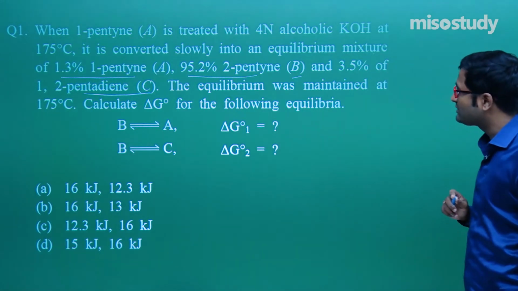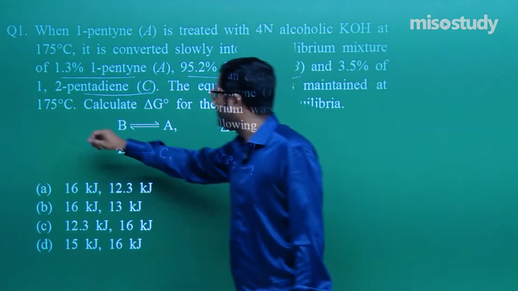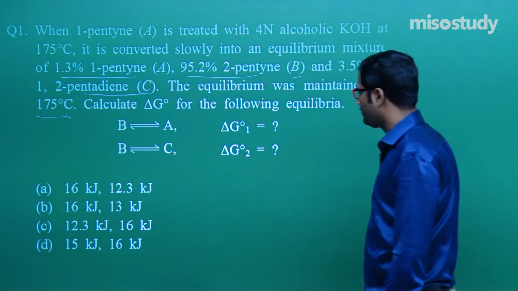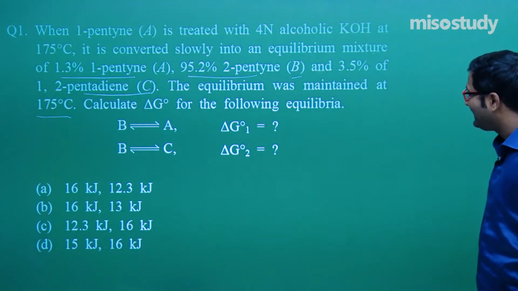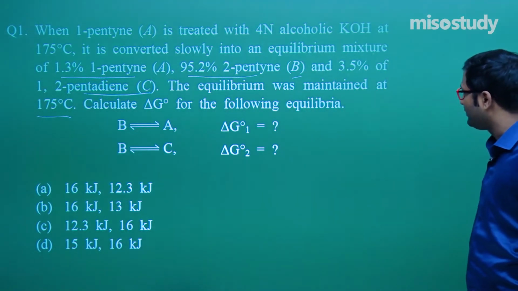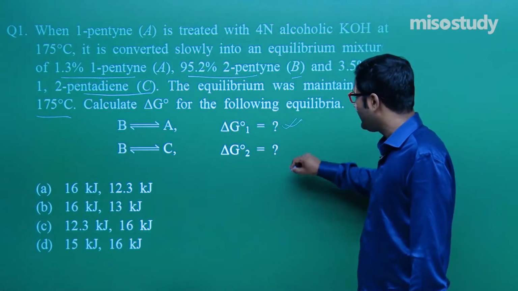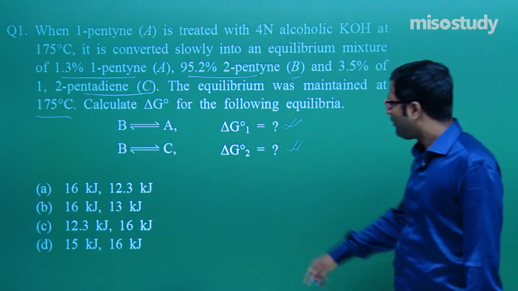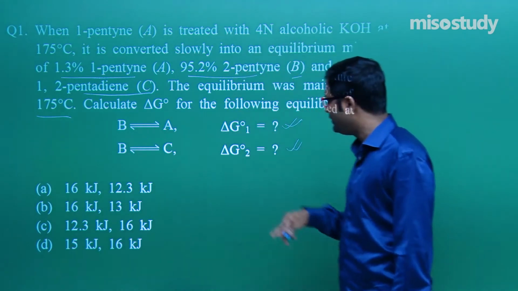The equilibrium was maintained at 175 degrees Celsius. Calculate the delta G for the following equilibria, that is delta G1 and delta G2 for B to A and for B to C.